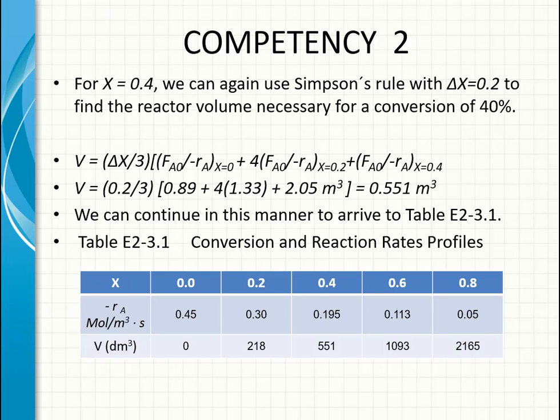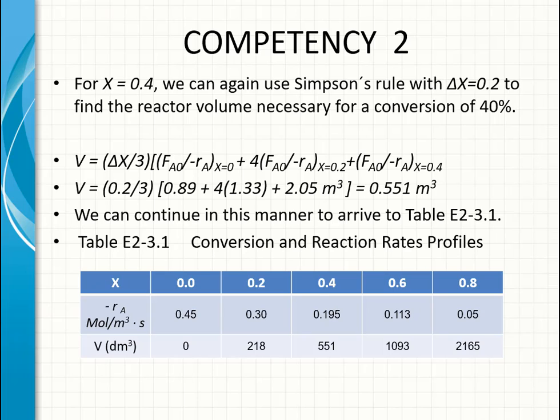So the volume in this case will be delta X divided by 3 times FA0 divided by minus RA evaluated at X equals 0, plus 4 times FA0 divided by minus RA at X equals 0.2, plus FA0 divided by minus RA at X equals 0.4.